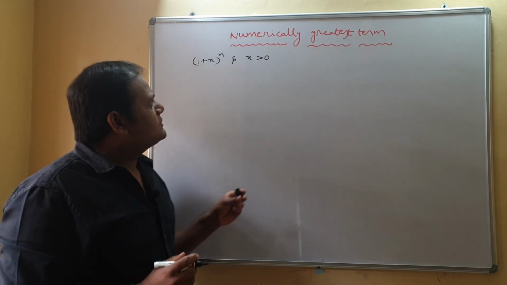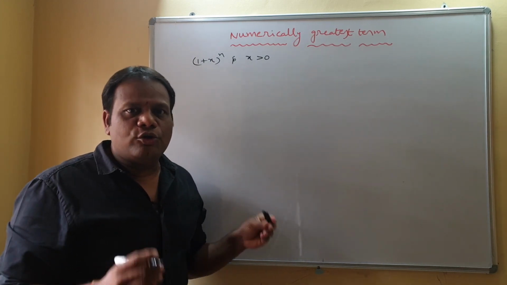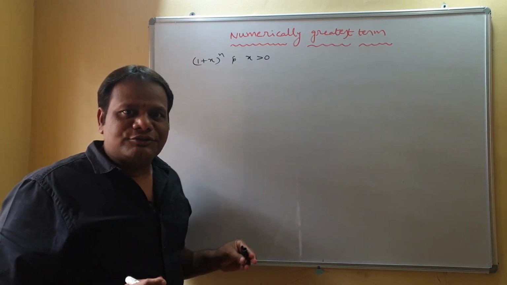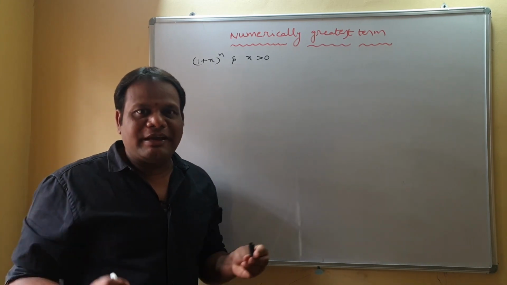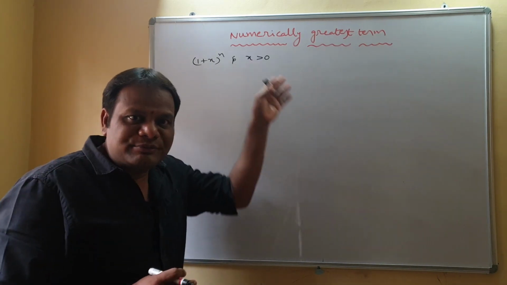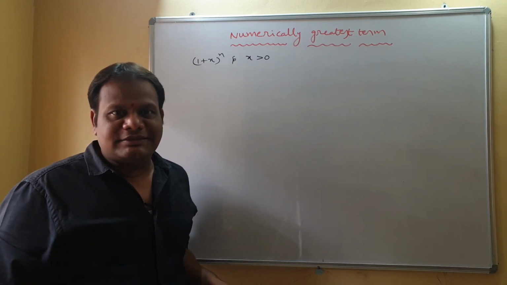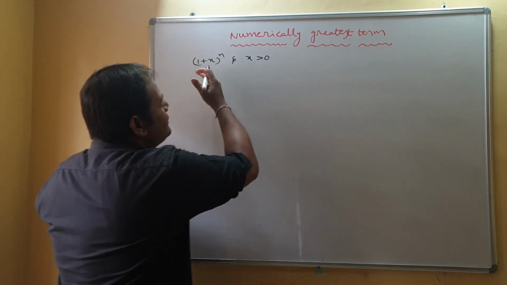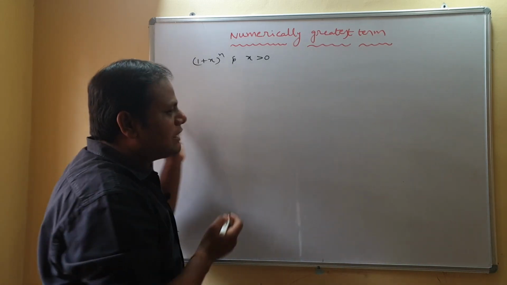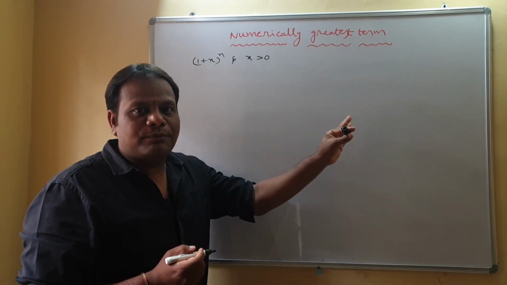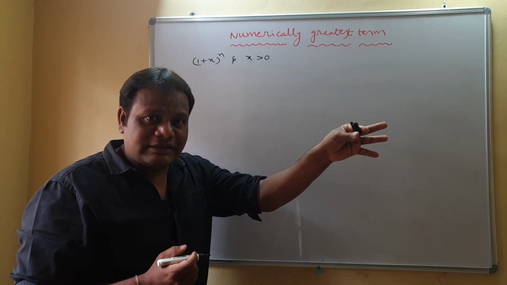My target is finding the numerically greatest term. We know that in any binomial expansion, the terms increase till one term and then decrease.